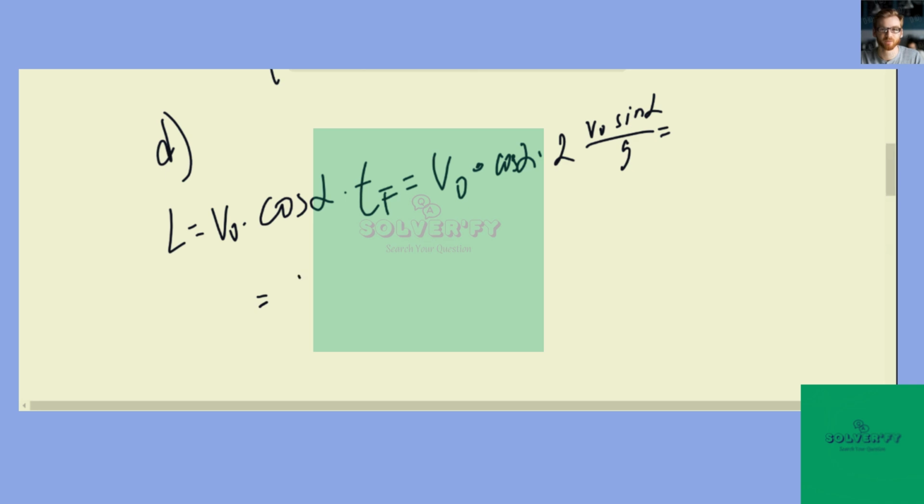So it equals 2 v0 squared over g times sine alpha times cosine alpha.